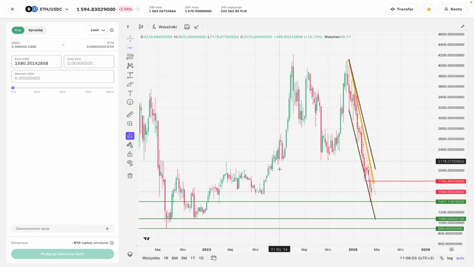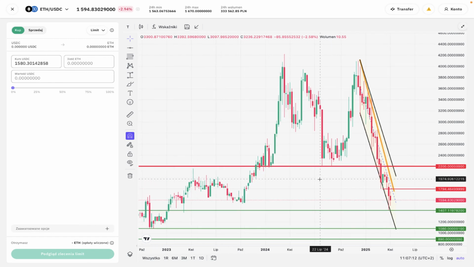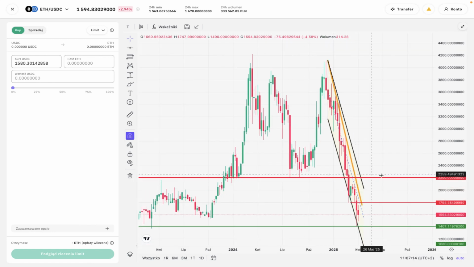Now the key mid-term level for the bulls is this one, 2190, because this is the technical resistance level, and only if we break above this level can the market come back to the uptrend.